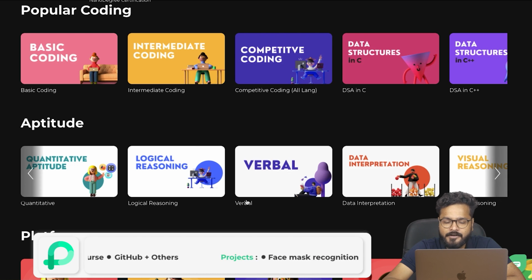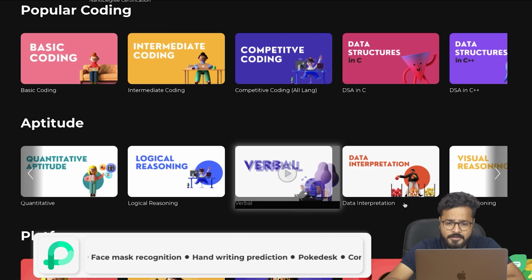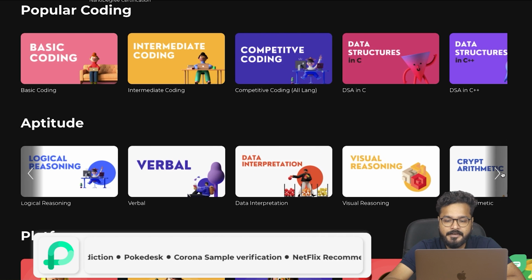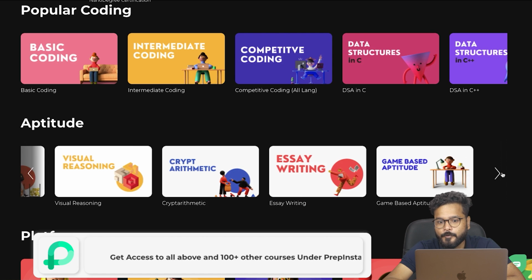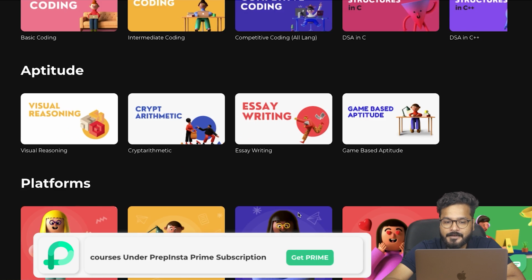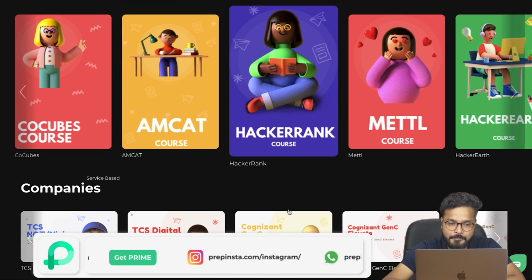Aptitude, right? Anything you need, be it aptitude, logical, verbal, DI, visual reasoning, which is special for TCS this year, crypto, which is unique for Infosys, essay writing for Wipro, and game based for Capgemini. Everything is a part of Prep Insta Prime.